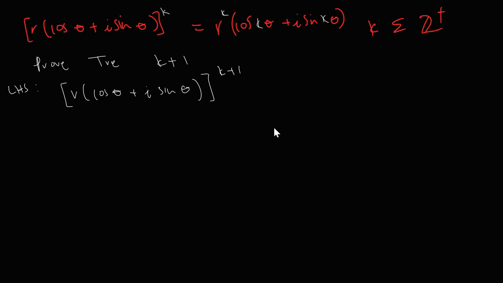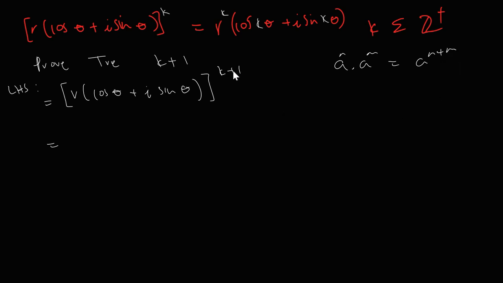Whenever you see a plus 1 in a binomial exponent, that simply means a law of exponents. Let me just write it down: a to the n times a to the m equals a to the n plus m. That is one of your laws of exponent. So this is what you see here.